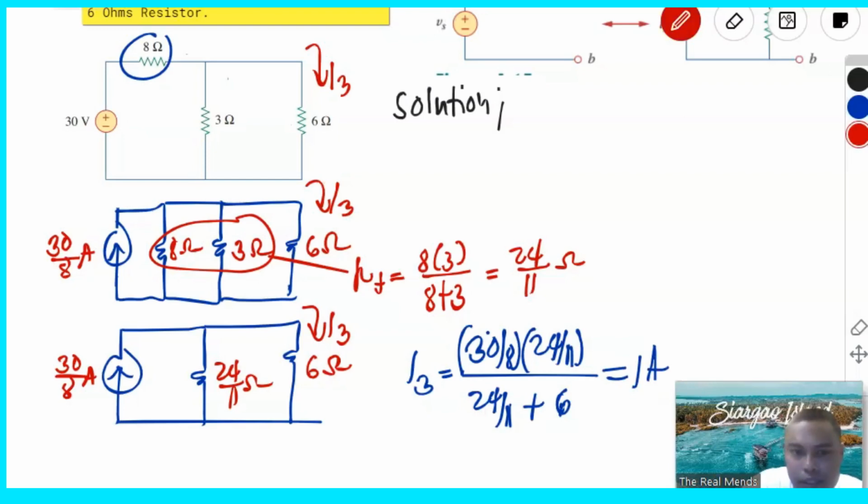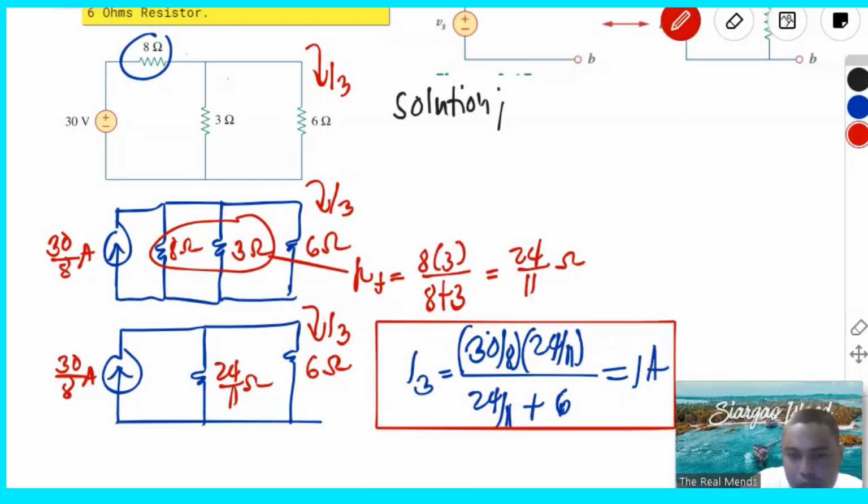Okay, so did you observe that we have different solutions but the same ng answer. So, na-prove natin na tama yung ating ginagamit na mga theorems.